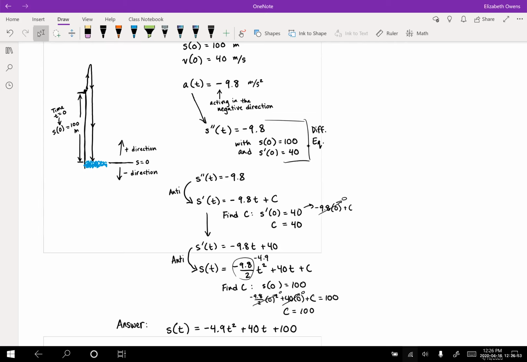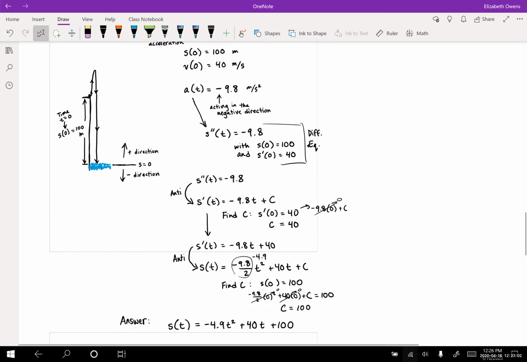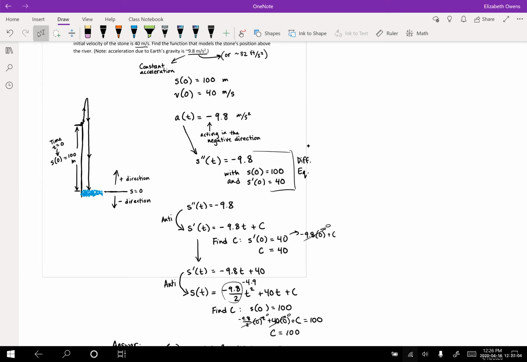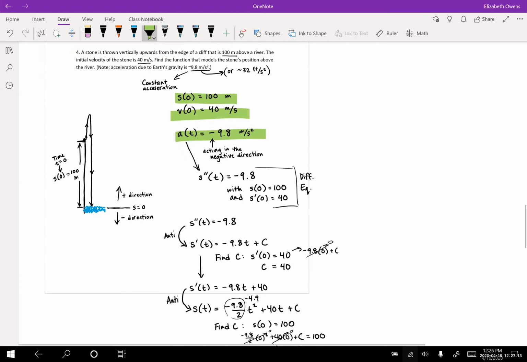Okay, so that's a differential equation applying to physical motion. The hardest part on that really is getting the setup, I guess, finding that initial position, velocity, acceleration, kind of being able to pick out those things from the problem.